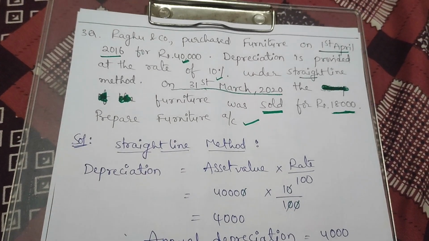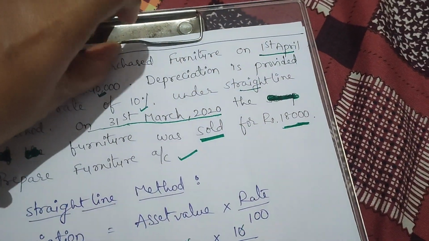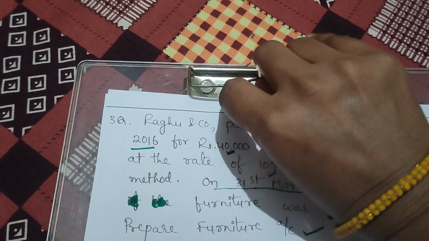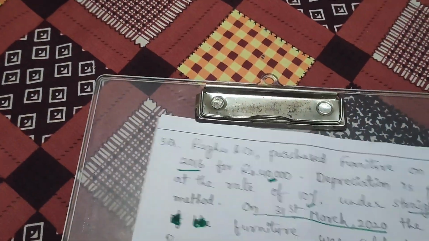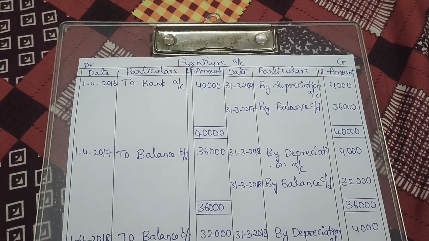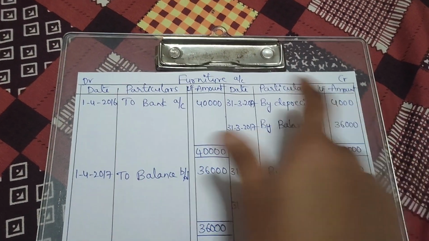Let us see how to prepare the account now. You already know what columns we have to draw for preparation of the account. So here we are going to draw columns like this. Date, particulars, LF, amount, date, particulars, LF, amount.